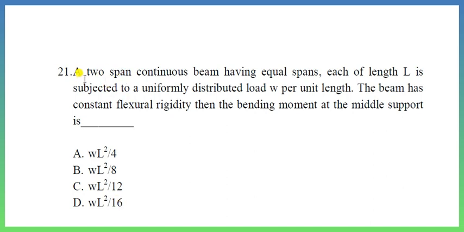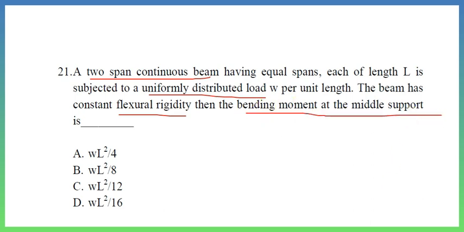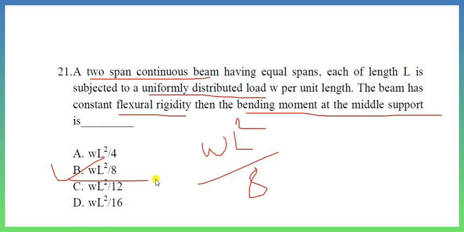So here they have given the continuous beam having equal span, and it is subjected to the UDL load W per unit length, and beam has the flexural rigidity, then the bending moment at the middle support. So in that case, the bending moment at middle support is WL square by 8. So option B is the correct answer.